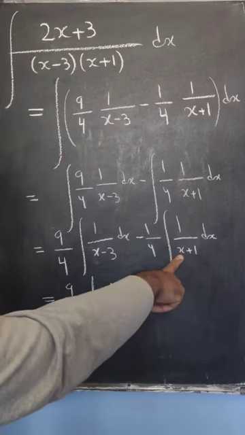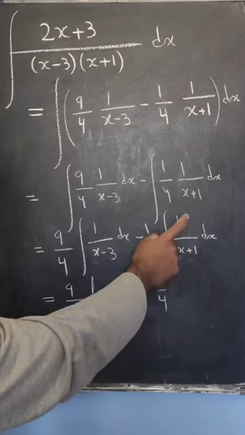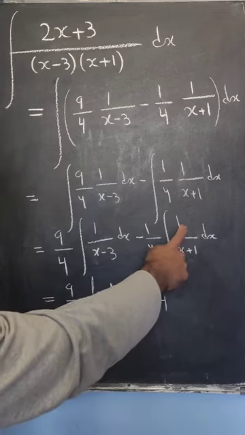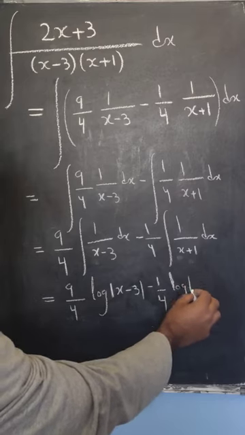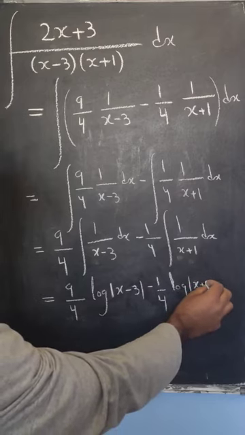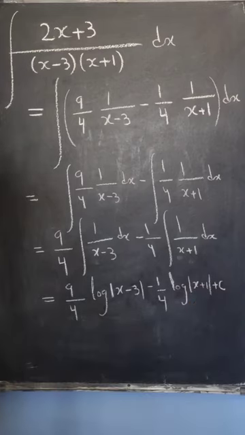Also in this case we have x plus 1, and differentiation of x plus 1 is 1, that is in numerator, so this is log of mod of (x plus 1), plus constant of integration C. That completes the integration of this rational function.